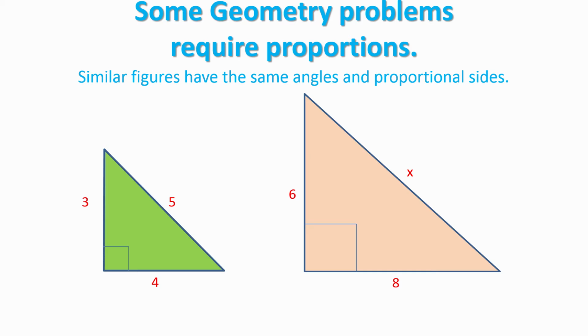One triangle has a 3, the other one has a corresponding side of 6. So we would have 3 over 6 as one fraction. Now we want to find the hypotenuse of the second triangle. So the first one has a hypotenuse of 5, and we put that over x. 3 over 6 equals 5 over x. Solve for x, and we're going to get 10.